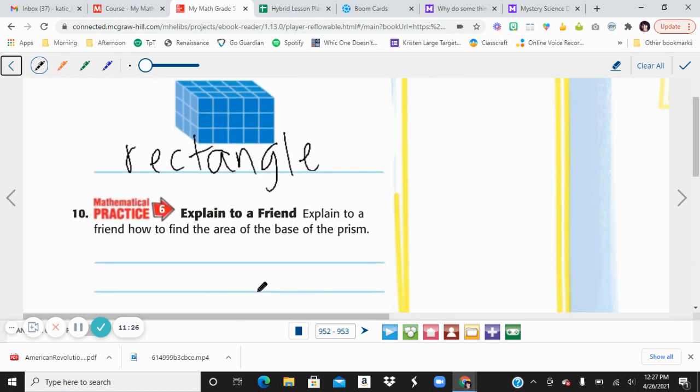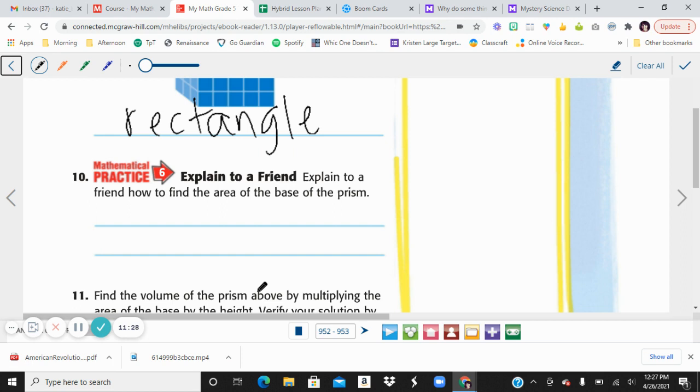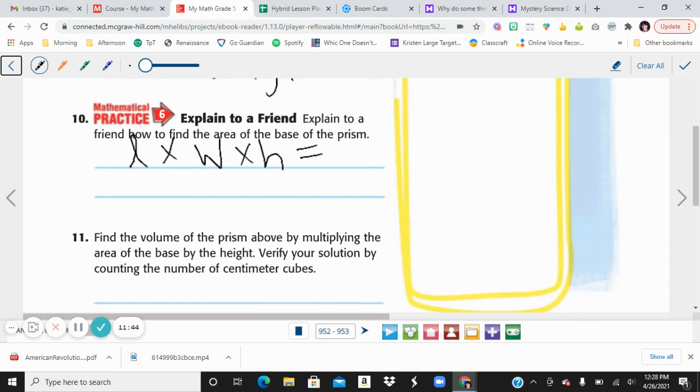Explain to a friend how to find the area of the base. Well, the area of the base is length times width, just like any area.